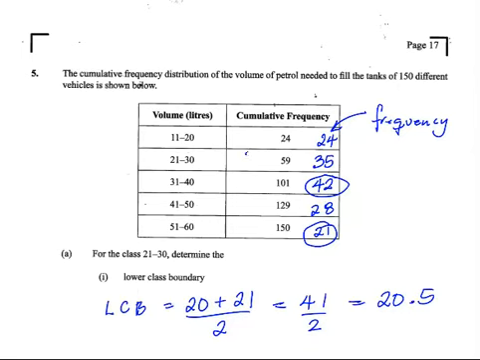Vehicle number 25 to 59 needs between 21 and 30 liters, and vehicle number 60 to vehicle number 101 needs between 31 and 40 liters.